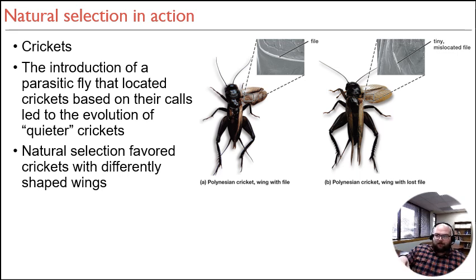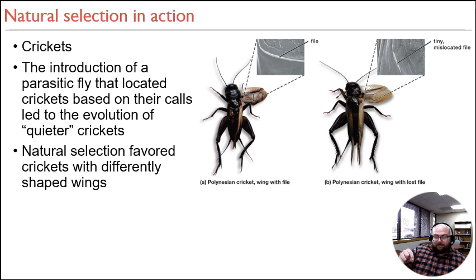So crickets that had naturally smaller files, smaller ridges that created quieter sounds, were more likely to survive. So the genetic diversity was there. There were already some crickets in the population that had different file sizes and quieter chirps.